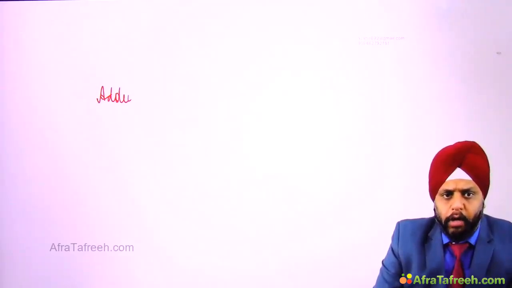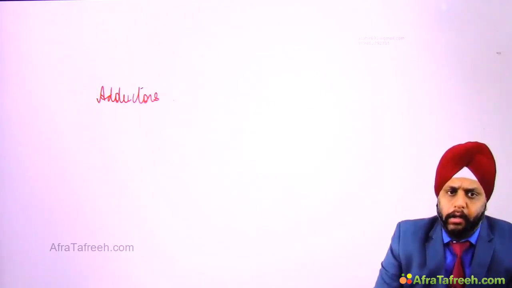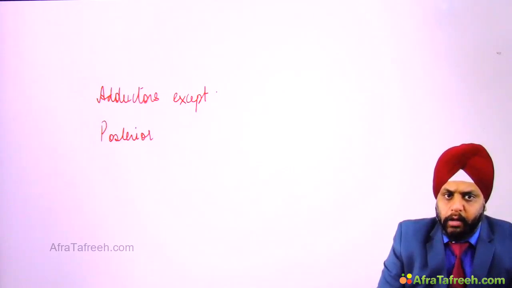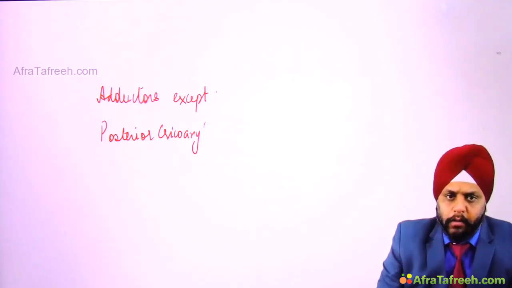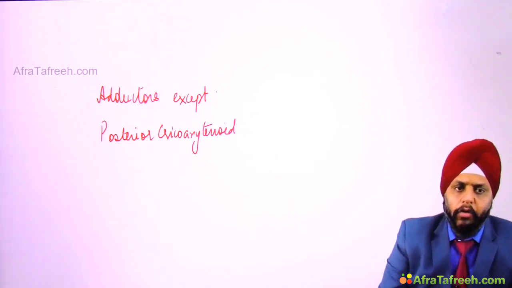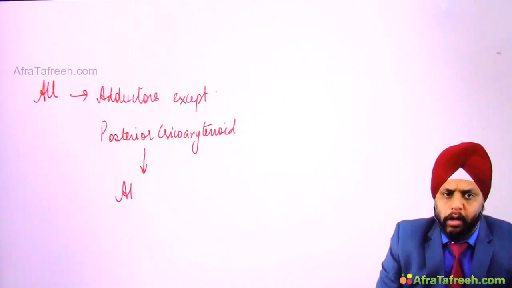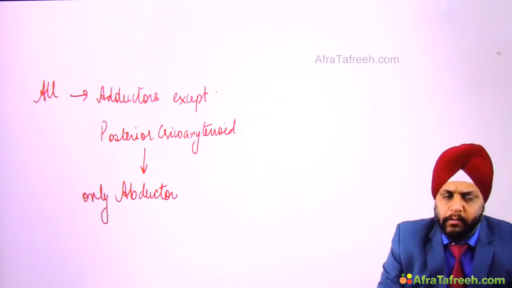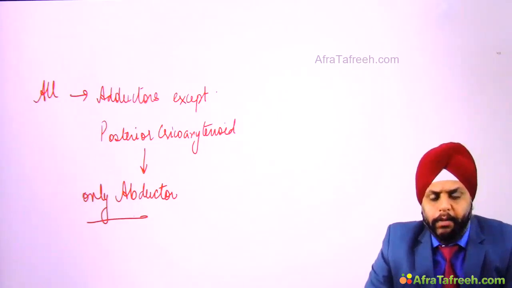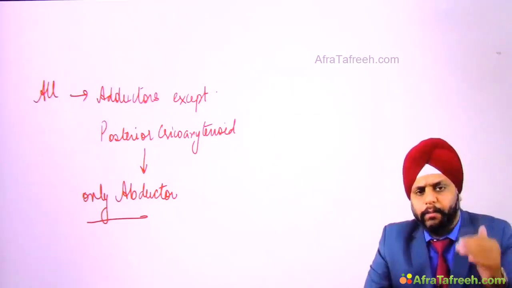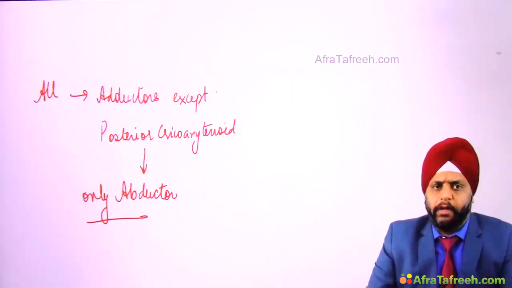So all muscles of the larynx are adductors except one muscle, that is our posterior cricoarytenoid. This is the only abductor of the larynx. So this is the rule. Remember this rule, and now we start with the discussion.